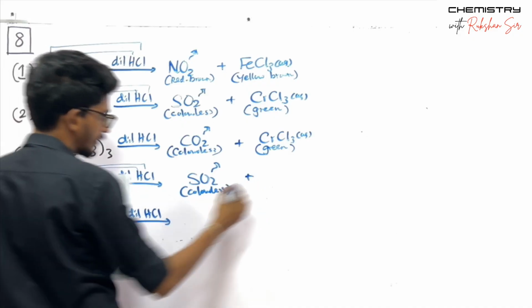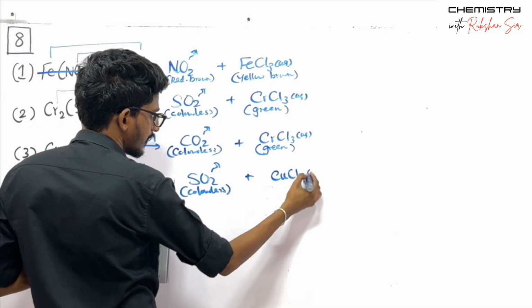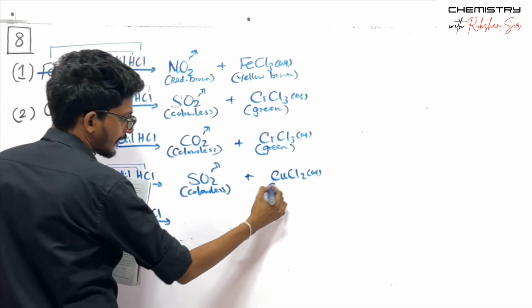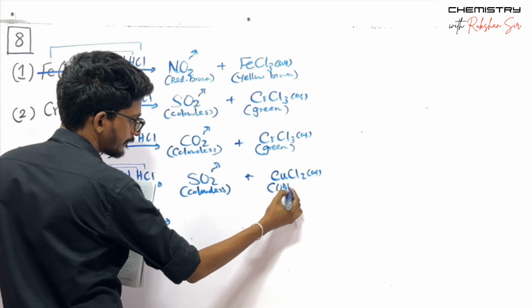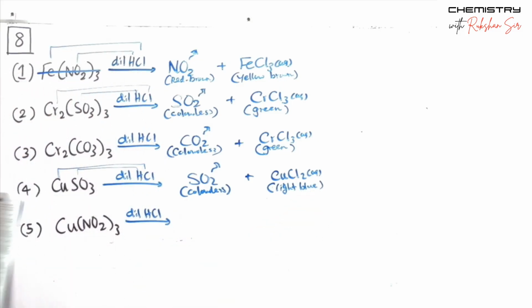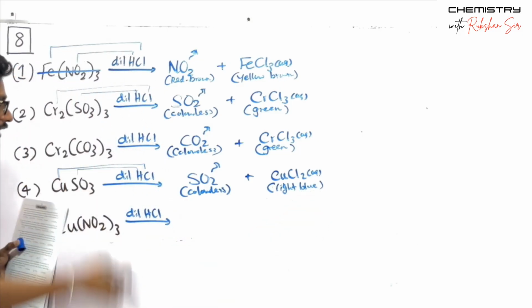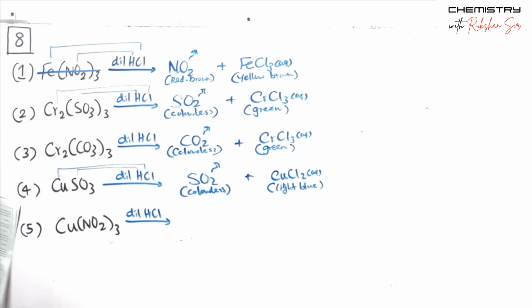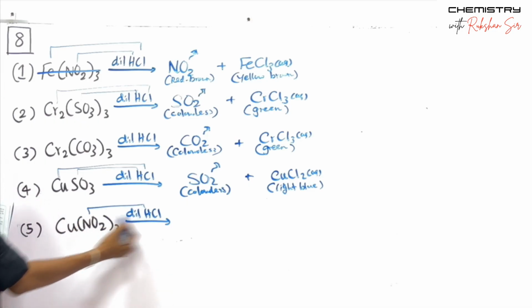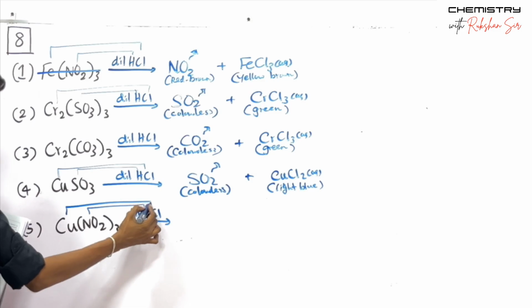The color of copper chloride is due to the copper 2 plus ions, that is light blue. Deep blue cations give the colors to the aqueous solutions. Right, it also stands. This one will produce NO2 gas, NO2 minus with the H plus, NO2 gas and copper chloride.